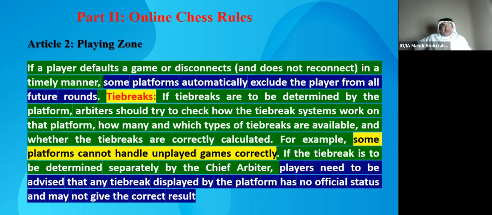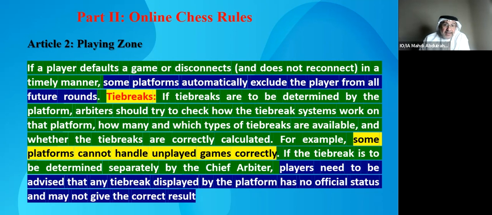So some platforms automatically exclude the player from all future rounds. So if we found, for example, after round 1 or 2, maybe the fair play of this platform finds the player is cheating, the platform excludes the player from all future rounds. So no chance to go back and see.